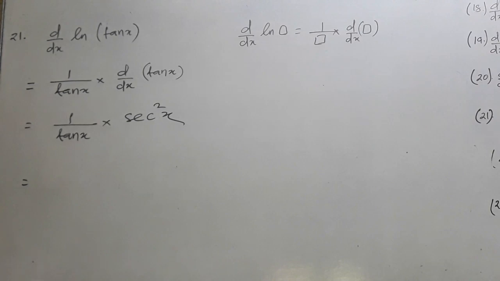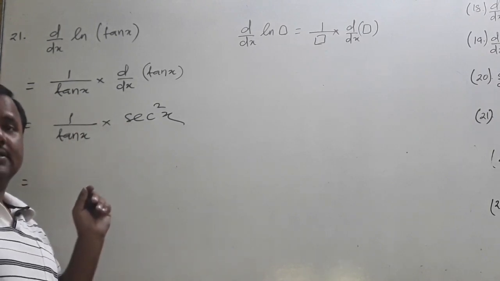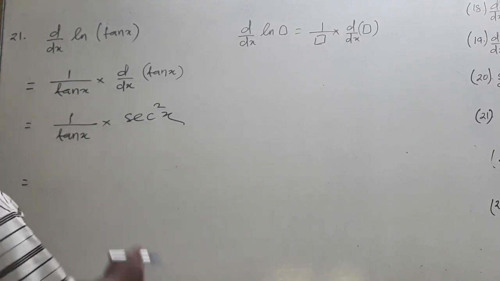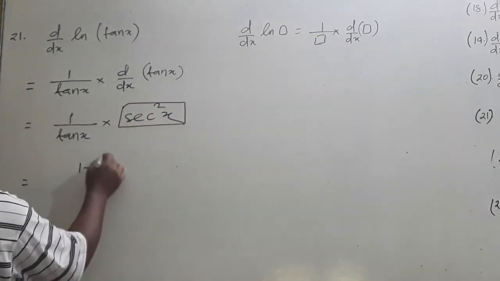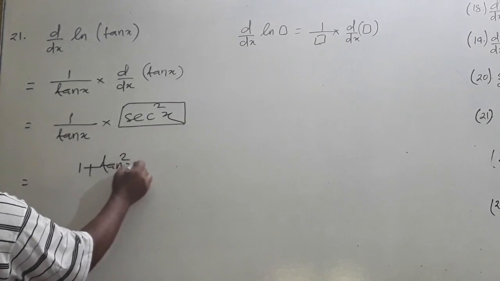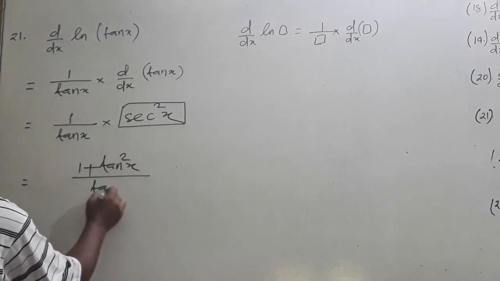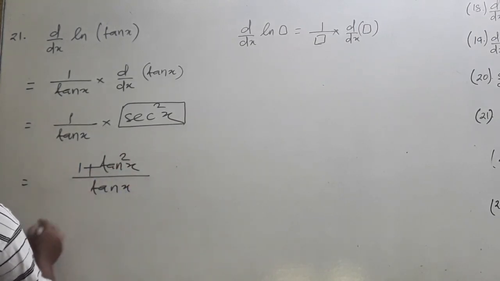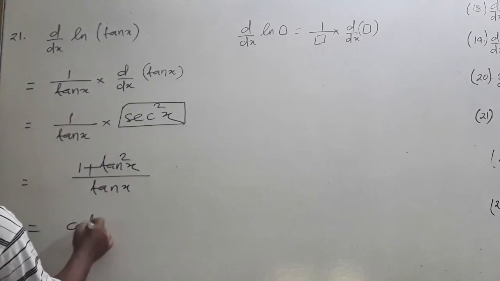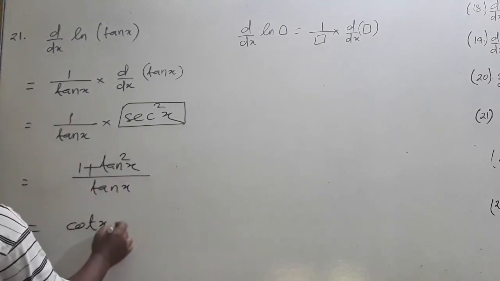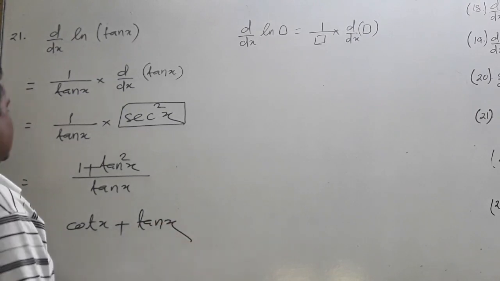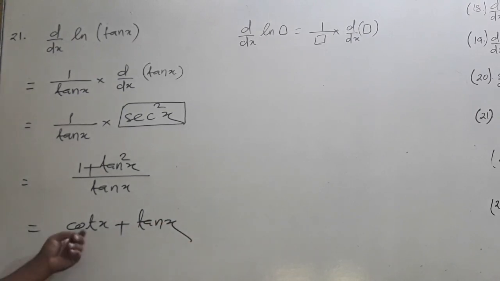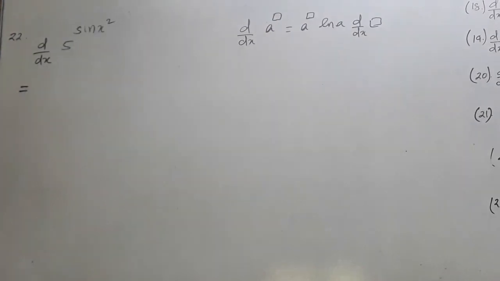And you should know the formula: sec square x is 1 plus tan square x. So 1 plus tan square x by tan x. You may do it as 1 by tan x, that is cot x, and tan square x by tan x, that is tan x. So the answer is cot x plus tan x.